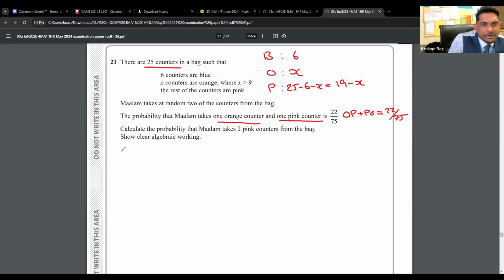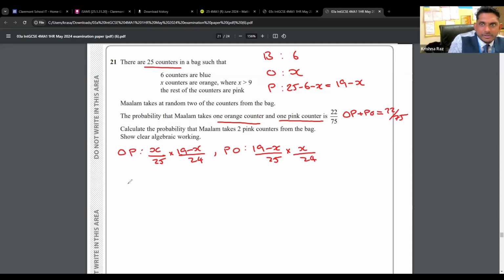So the probability of getting an orange and a pink is x out of 25 times 19 minus x over 24. And the probability of getting a pink and an orange is going to be 19 minus x over 25 times x over 24. So you can see we've got the same numbers.